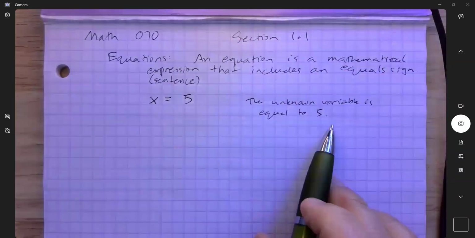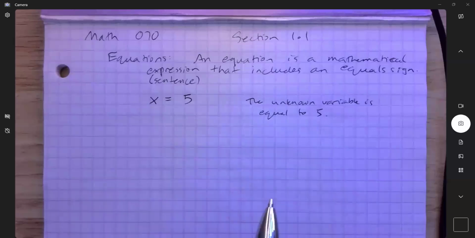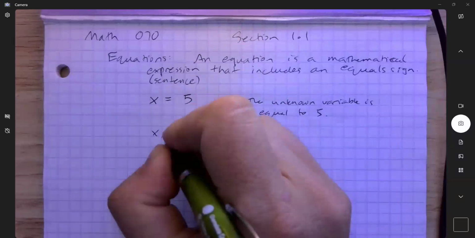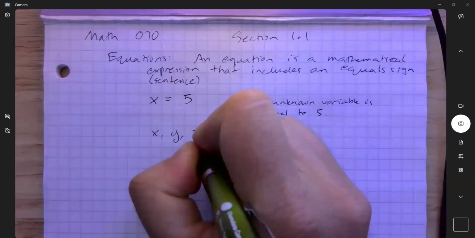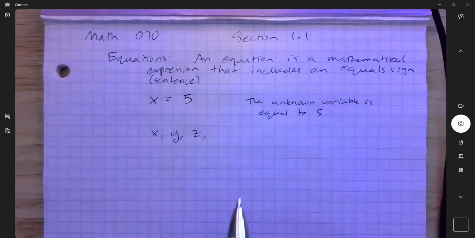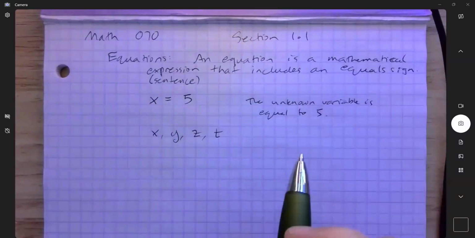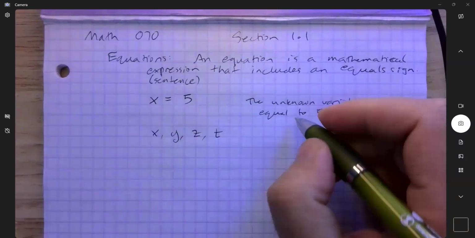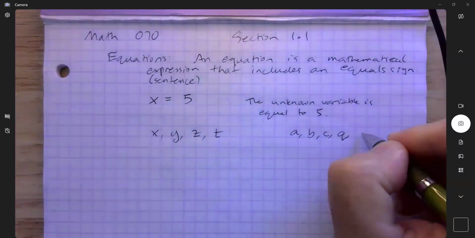Unknown variables in mathematics are usually represented by letters. The most common letter is X. Y is a pretty common letter. Z is a pretty common letter. I write my Z's with a dash to show that it's not a 2. And T is pretty common because T often represents time, but we can use any letter. We could use A or B or C, Q, etc.